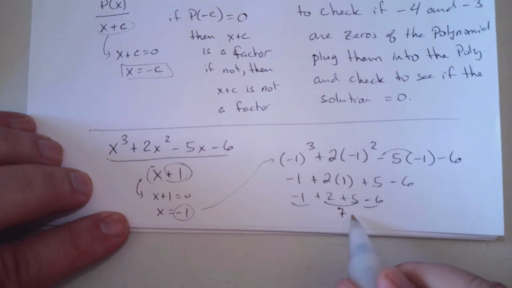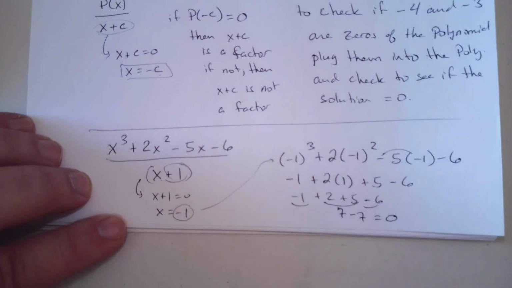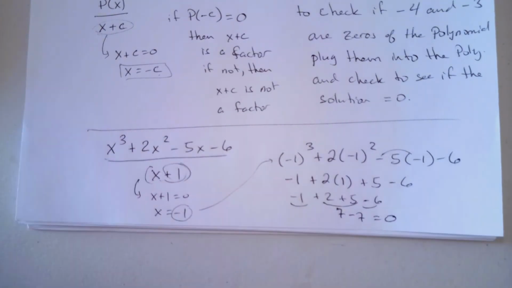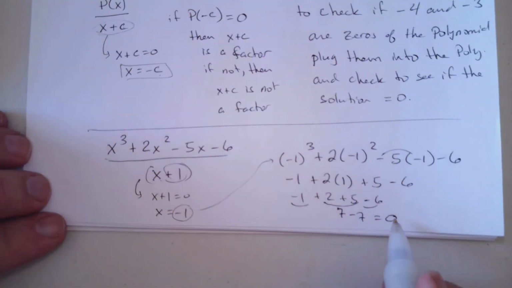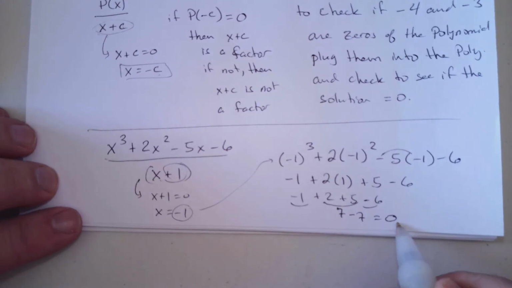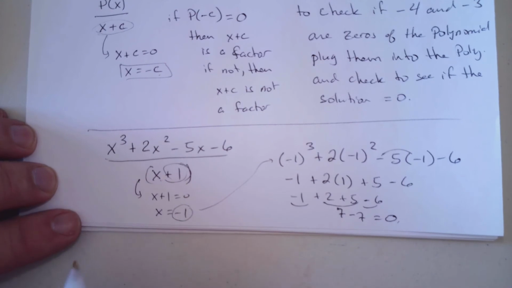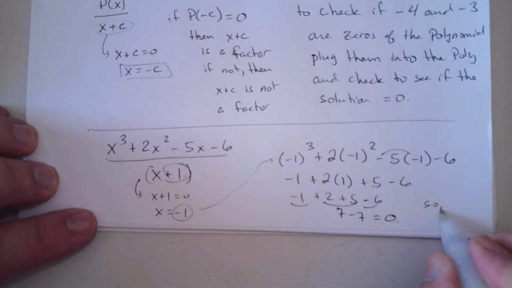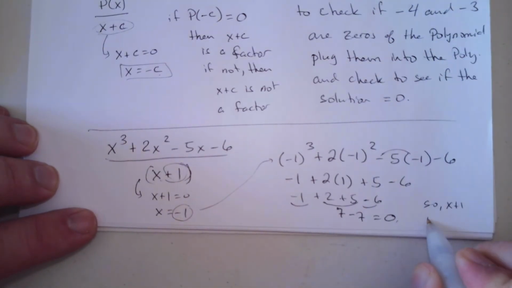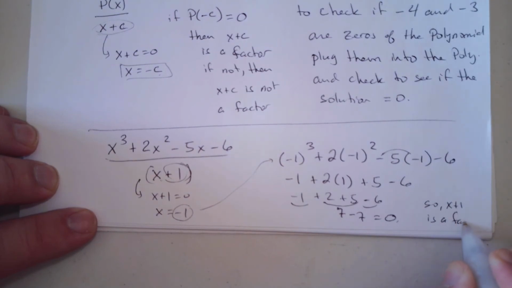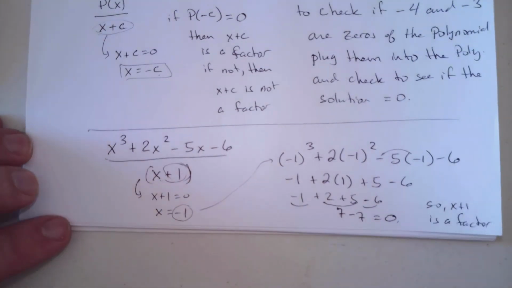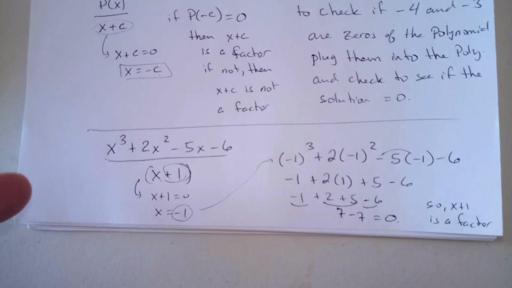Negative 1, negative 6 is negative 7. So now we determined that since this is 0, we know that x plus 1 is a factor. And we can go ahead and do the division and see what we have left remaining of it. Whatever's left, that's all we have to do.